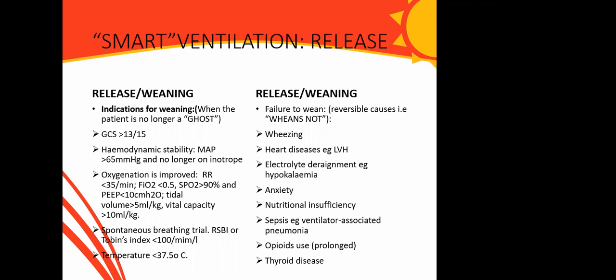Nutritional insufficiency, which can be under or over nutrition, can be a cause of difficult weaning. Sepsis, as the patient develops ventilator-associated pneumonia, you look at your inflammatory markers, sepsis markers, your CRP, your procalcitonin. Opioids: in patients with prolonged opioid use, you may need to reverse opioids with naloxone.